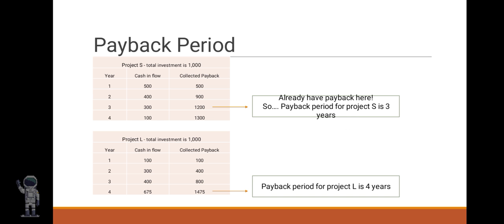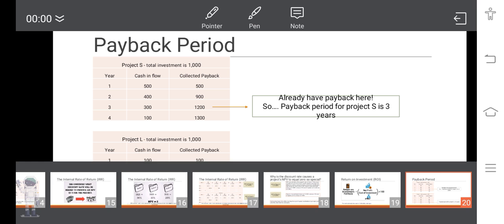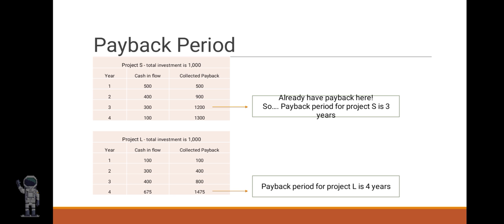Meaning the payback period will last 4 years, the long term, for project L. So you see the difference. For the short-term project we receive big cash, a lot of cash collected, while for project L we receive little cash, it is long term.